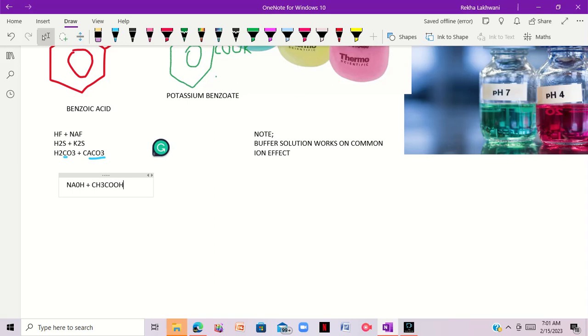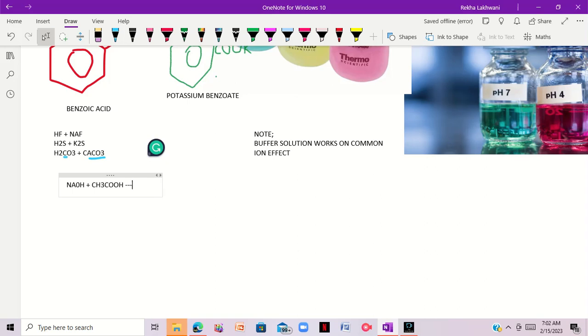Do you think this solution will form a buffer solution? You can do any kind of reaction, but in the end your product must be a weak acid and a salt of a strong base.